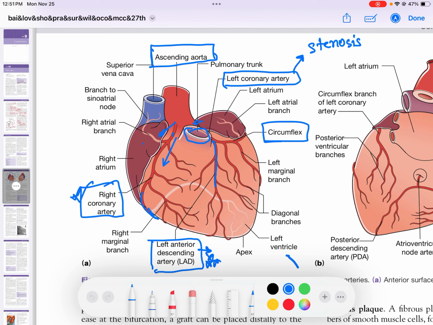It continues as the posterior descending artery or interventricular artery.